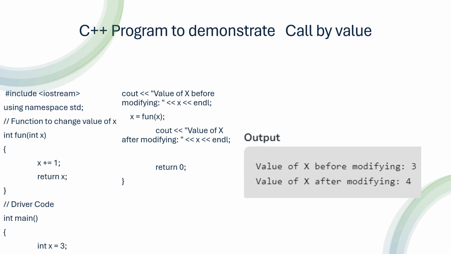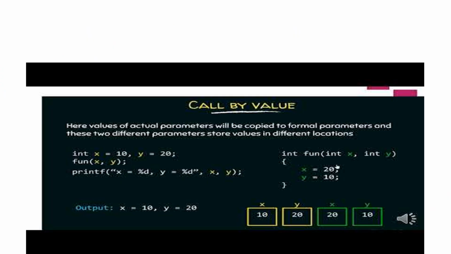So the output will be: value of x before modifying is 3, and after calling the function, inside the function we increment x from 3 to 4. So the value of x after modifying will be 4. So this is the simple execution of call by value.